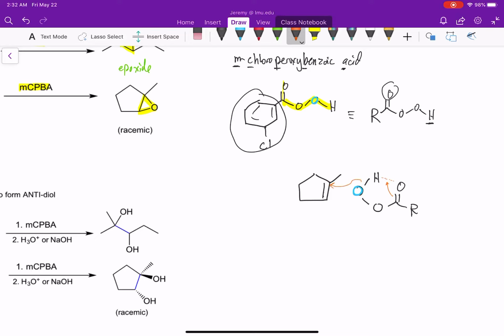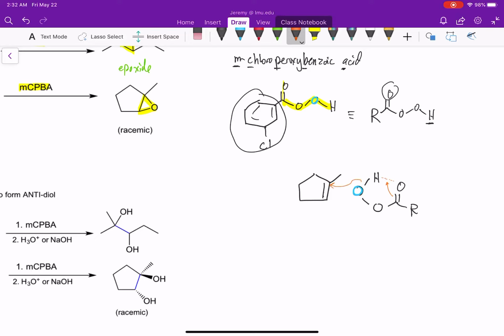The pi bond will come back and attack the O, which breaks this bond here, basically adding this oxygen.